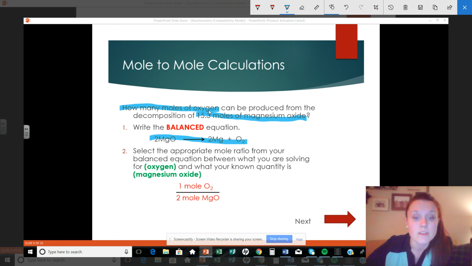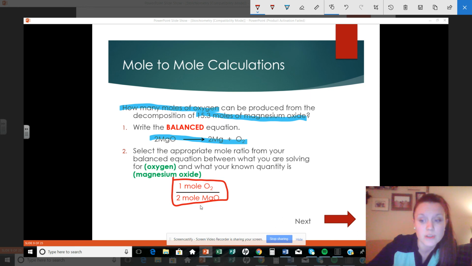I'm going to use this particular molar ratio. Now, how did I get this molar ratio? I looked at my equation, and for every 1 mole of oxygen gas that is created, 2 moles of magnesium oxide decompose. That's where I got that molar ratio.